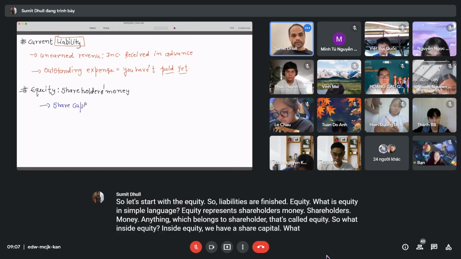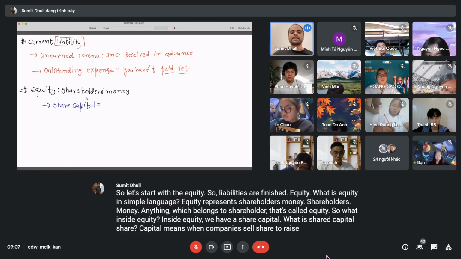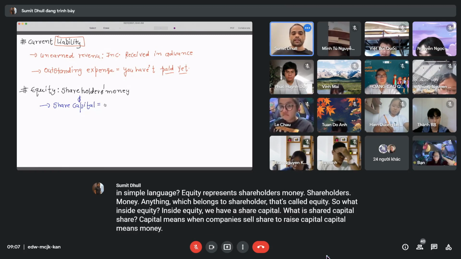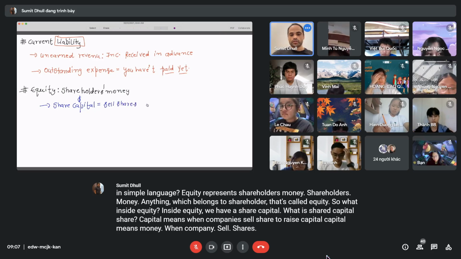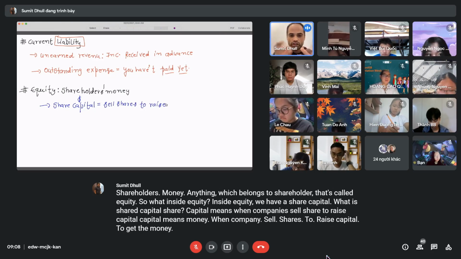What is share capital? Share capital means when companies sell shares to raise capital. Capital means money. The company issues and sells shares to raise money.